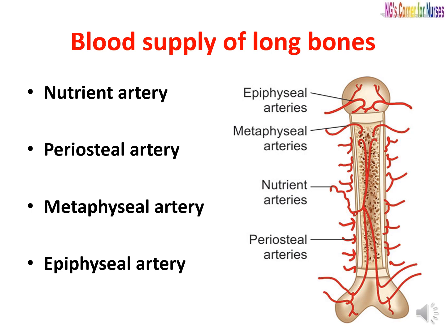Next are the periosteal arteries. Many small arteries enter the periosteum to nourish it and the outer part of the compact bone. Next are the metaphyseal arteries. These supply the fast growing metaphysis. And the last one is the epiphyseal arteries. These nourish the epiphysis.